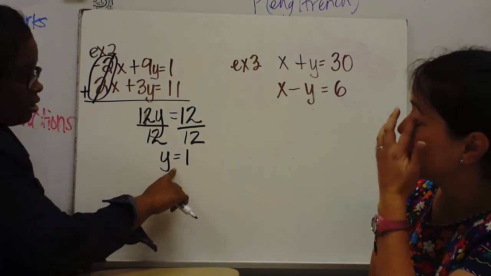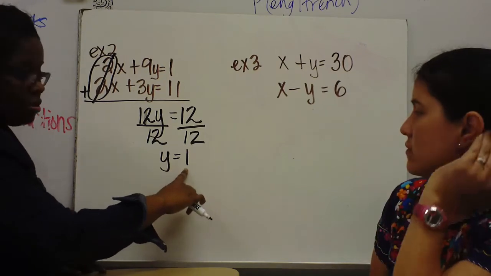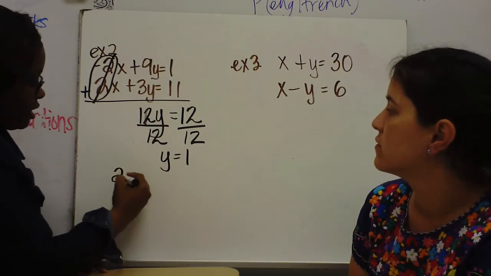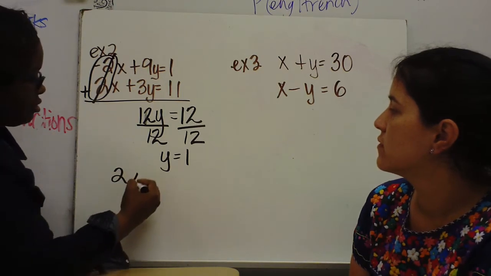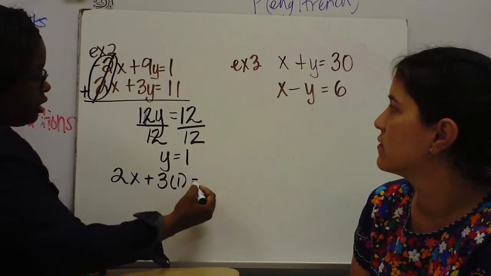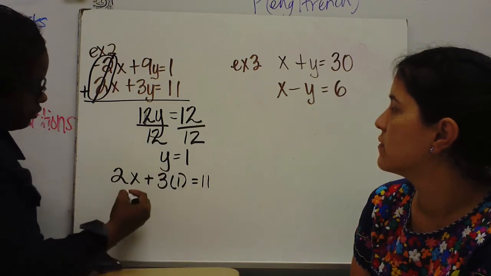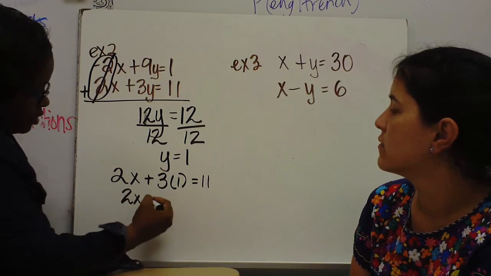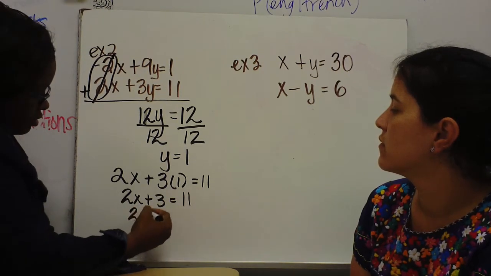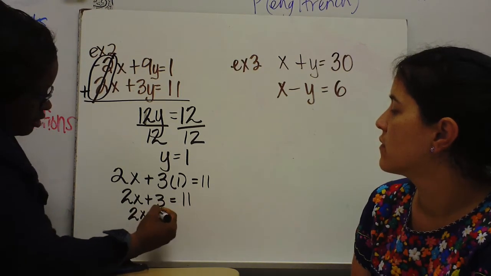Then you're going to take the variable that you got, y equals 1, you're going to substitute 1 in for y. I'm going to do the second equation this time since Ms. Handler did the first one. So 2x plus 3 times 1 equals 11. That's going to be 2x plus 3 equals 11. So 2x, oh, I'm sorry, let me show my work.